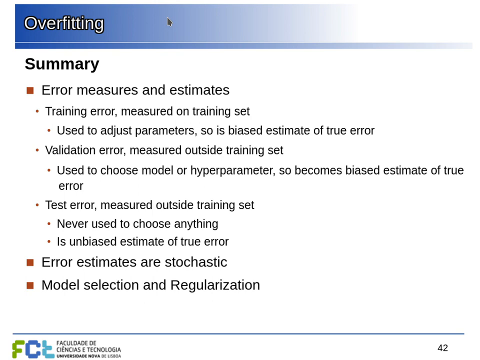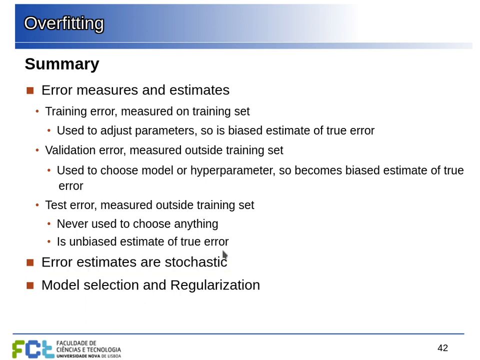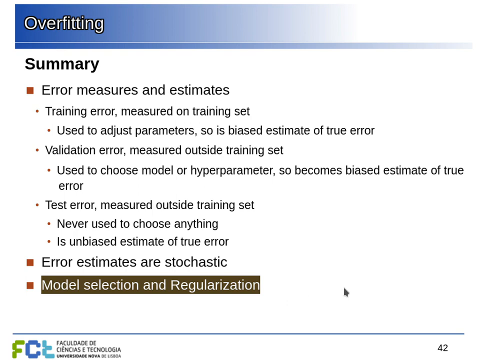So remember, never use the test set to choose anything, even if it's just running your script several times until you get a low test error. If you do that, you're also cheating and getting a biased estimate of the true error. Remember that these estimates are stochastic, so we are not actually measuring the true error. We are taking a sample as an estimate for that error. And to minimize overfitting, we saw two different approaches here.